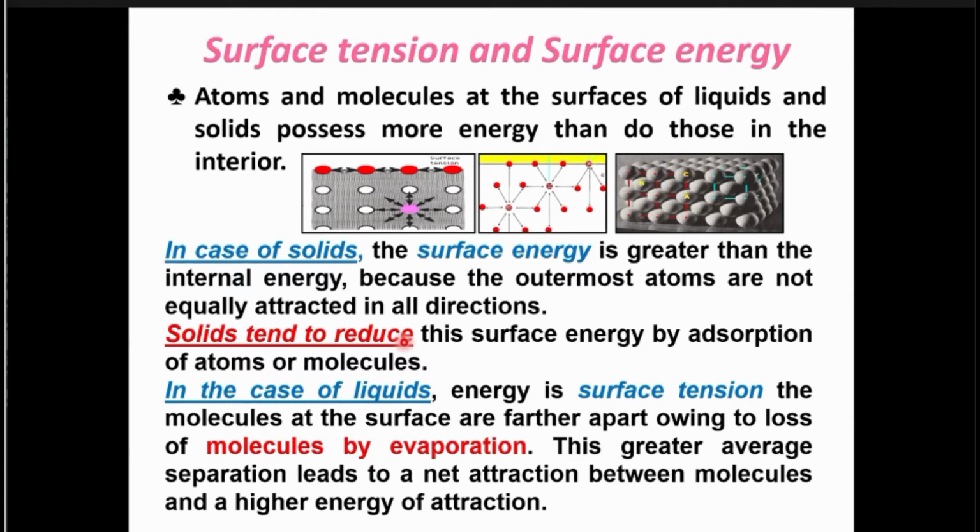Other related factors are surface tension and surface energy, which I discussed in the previous slide. Surface molecules of any material have more energy because they are not pulled from all directions; their surface is not getting any repellent force.